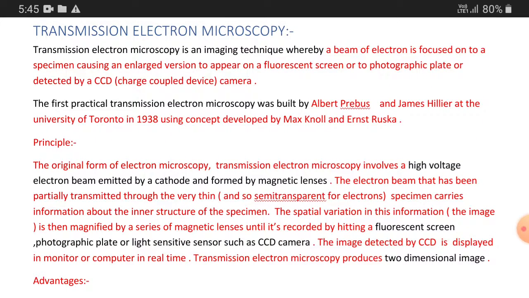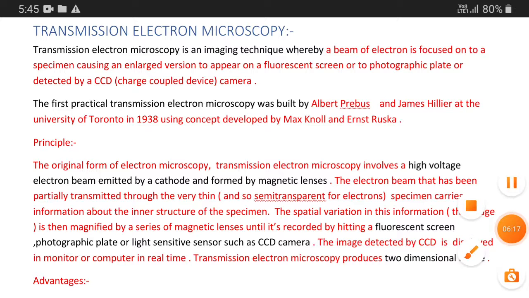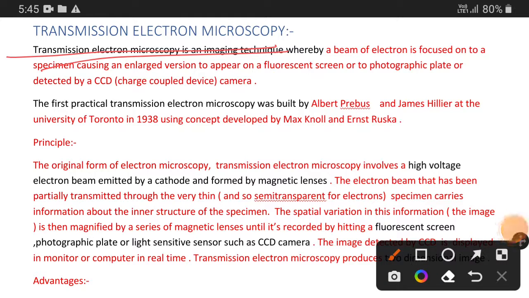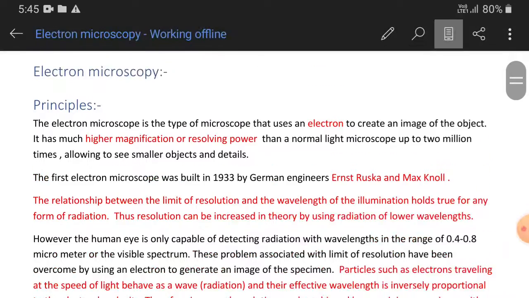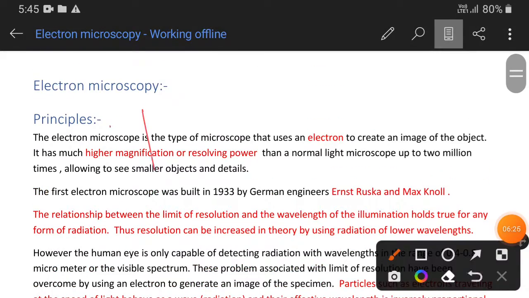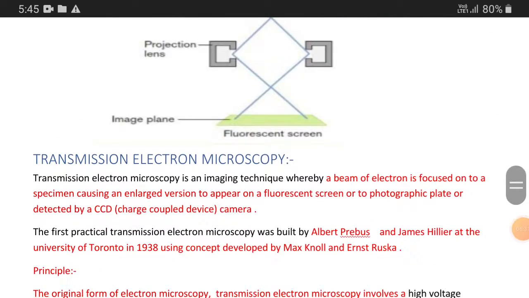Albert Prevost and James Hillier just practically constructed the electron microscope. The actual concept was from Max Knoll and Ernest Ruska. You have to remember that the transmission electron microscopy principle is nothing different from what we discussed earlier, the normal principle of electron microscopy. It relies exactly on this technique.